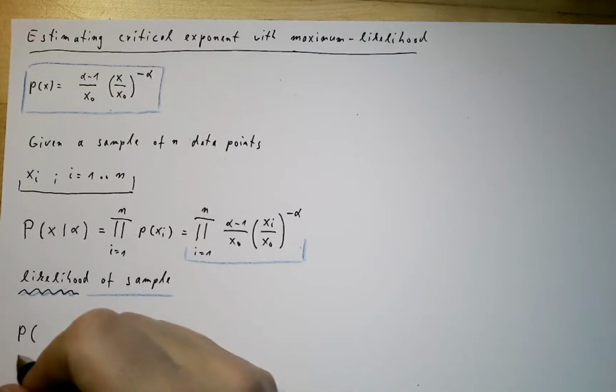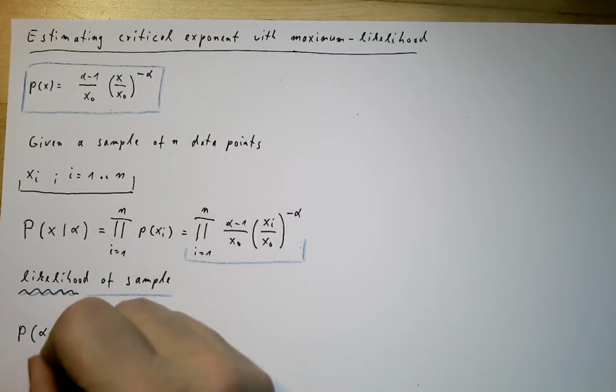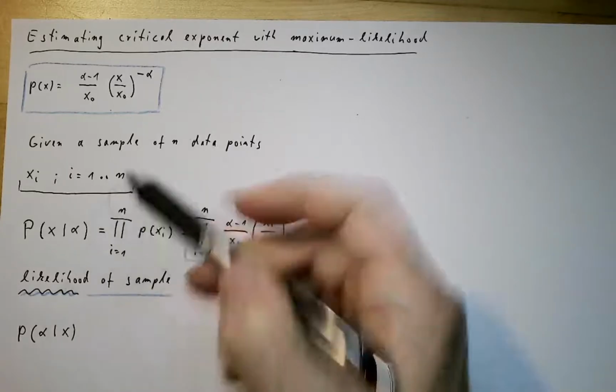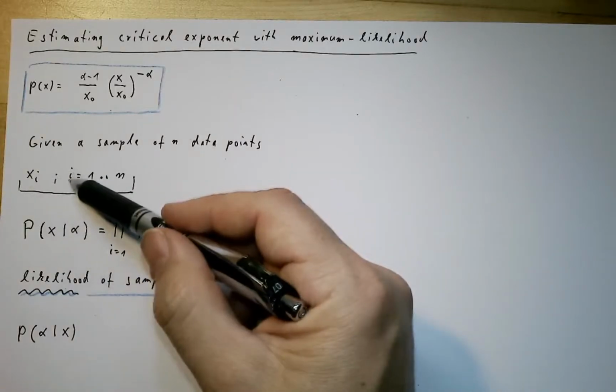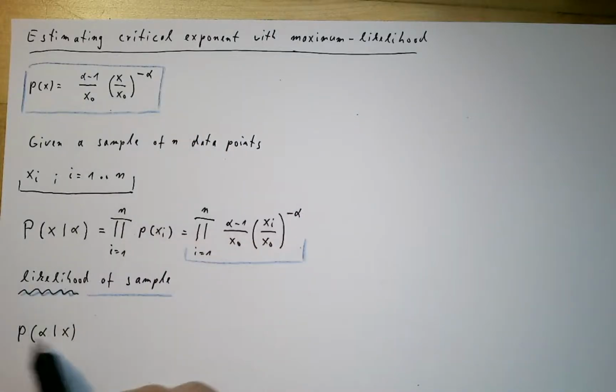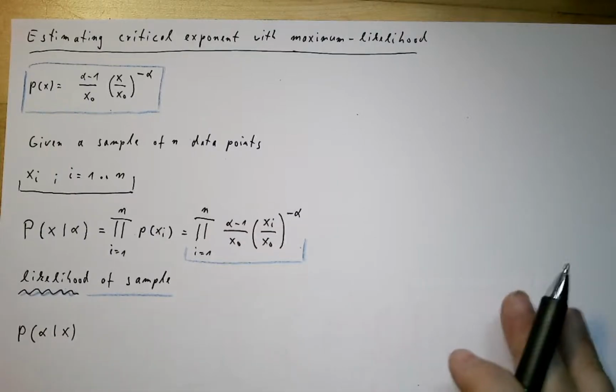But we are actually interested, what is the likelihood or the probability to have a certain alpha given our sample? Because the sample, that's our information, and we want to know what's the best alpha. Which alpha maximizes this probability? Given the sample, what is alpha?